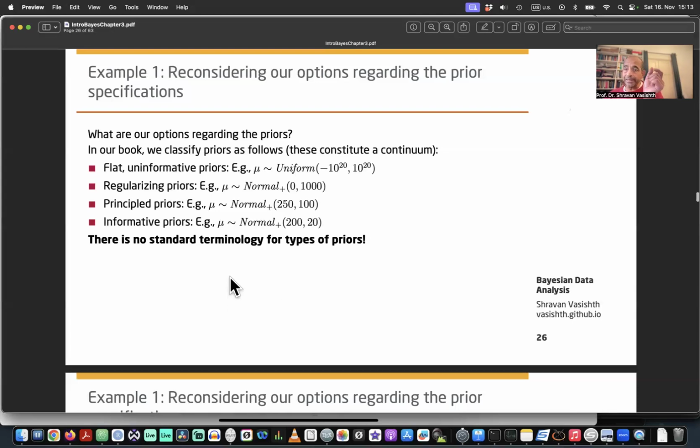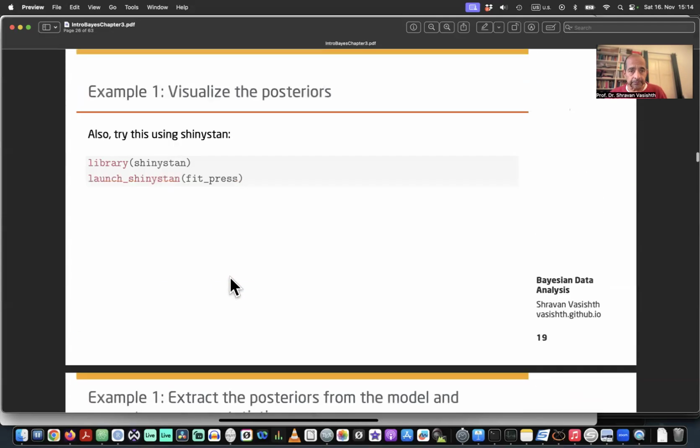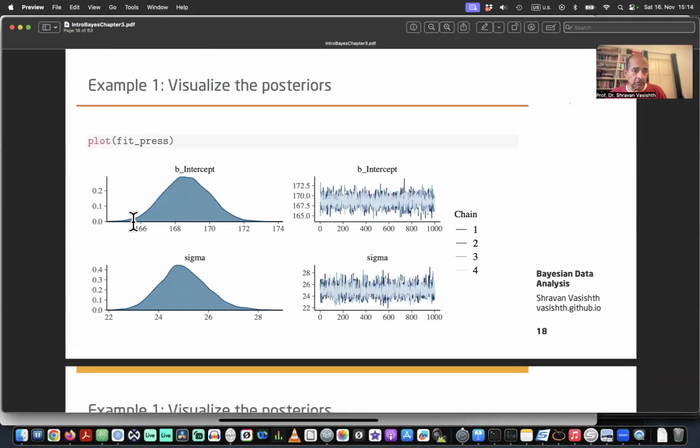But when we are doing estimation, what I mean by estimation is when we are just trying to figure out the posterior distributions of the parameters, at this moment, when I'm looking at this posterior for the intercept and the posterior for the sigma, I'm just trying to get a descriptive summary of what the posterior is.